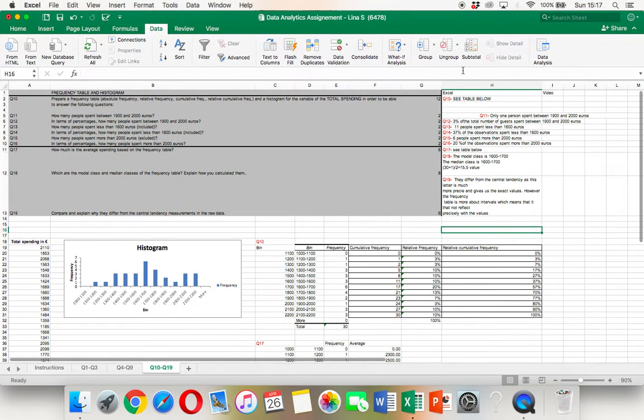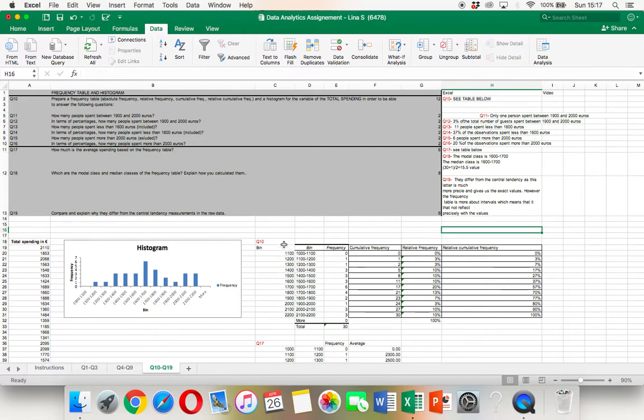the thing that I have done to be able to get this histogram here and this frequency here is that I have developed the bins.